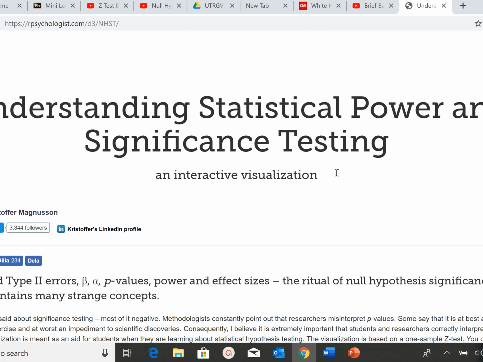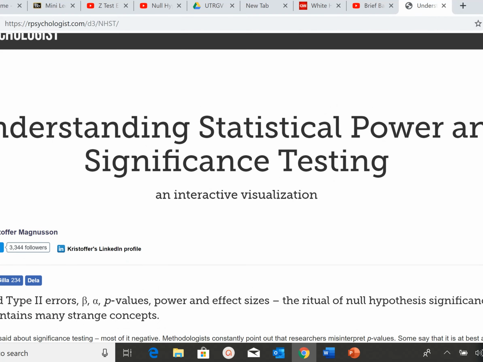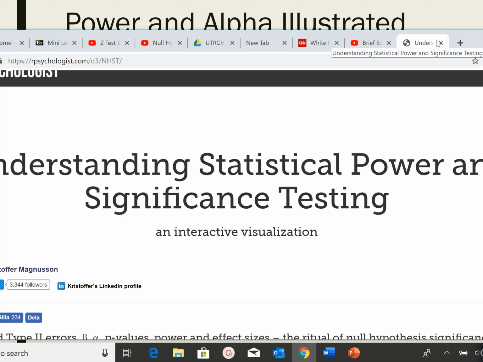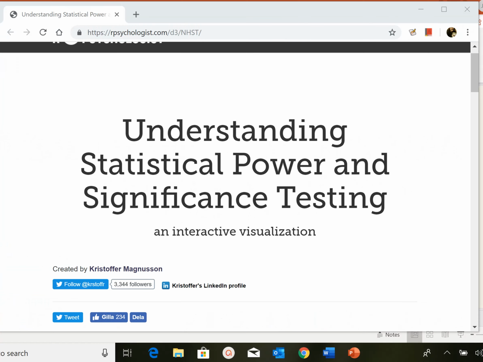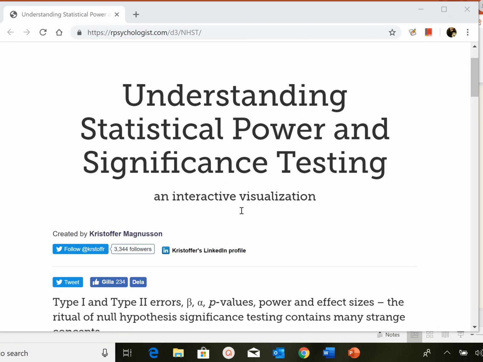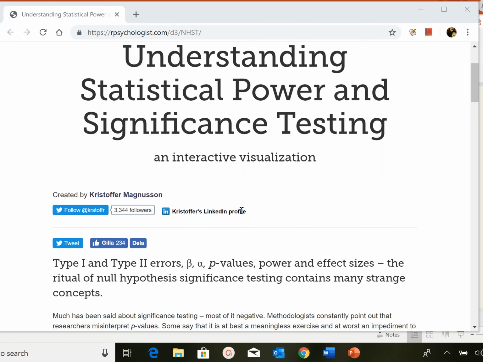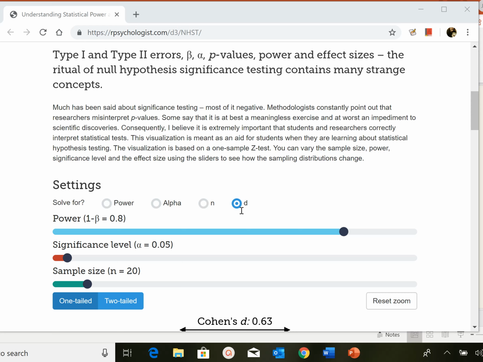So here we have a website that's a pretty nifty interactive visualization of statistical power, and I'll provide a link for this on the resources page on Blackboard.